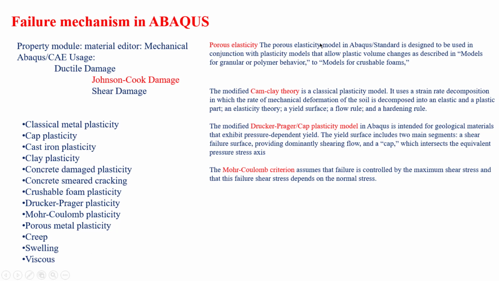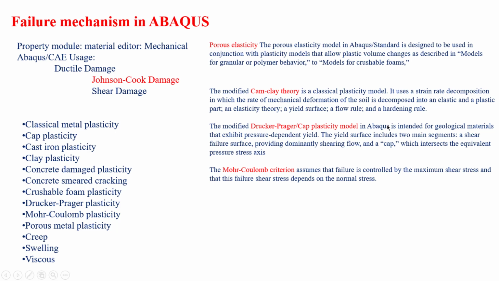Now you can refer to the explanation for all these things. When it comes to porous elasticity, components like polymers and crushable foams will be analyzed with this model, so very advanced. Cam clay is used to deal with soil decomposition and all, where the yield surface, flow rule, and hardening rule will be taken into account.